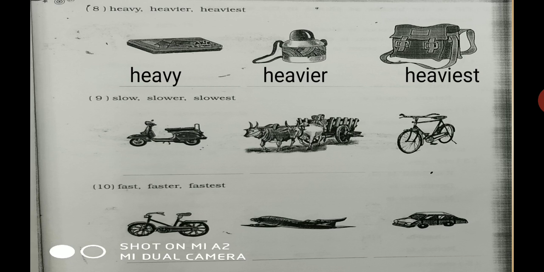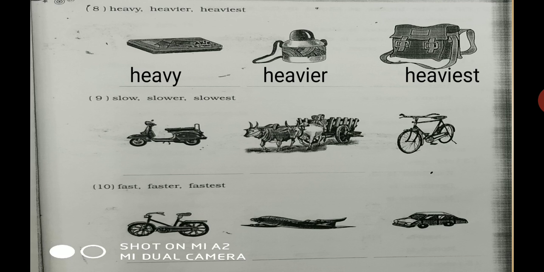Number 9. Three vehicles have been given here. Which are they? Scooter, bullock cart and cycle. Now the form of adjective given is slow, slower and slowest. Among these 3 vehicles, which is the slowest one? Bullock cart. Now just hide the bullock cart.